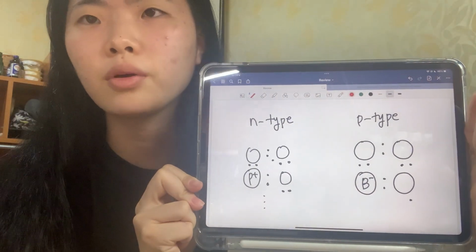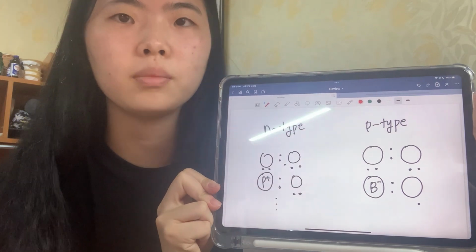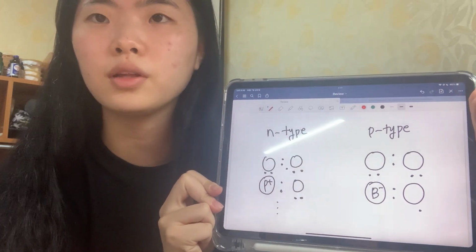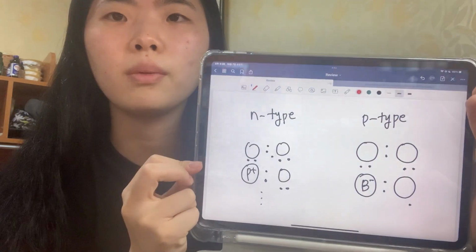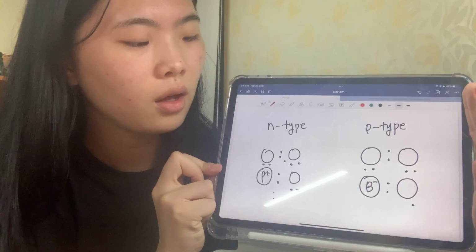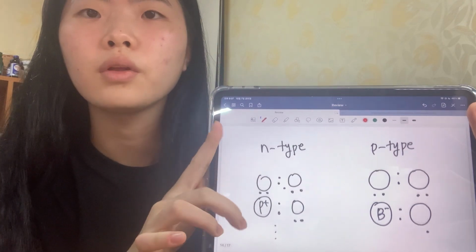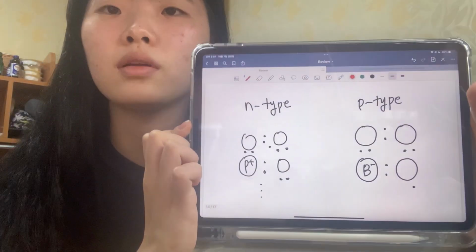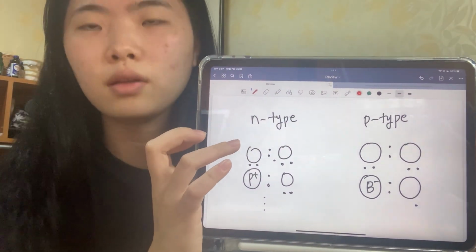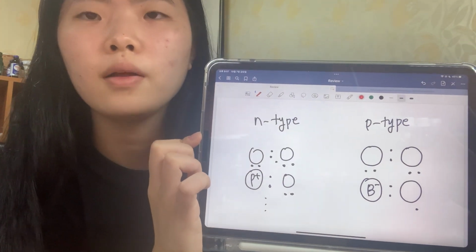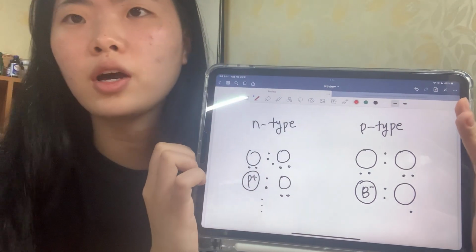There are two types of semiconductor here: N-type and P-type. Let's look at the N-type semiconductor. There is one more electron here, so this semiconductor acts like a negatively charged ion.